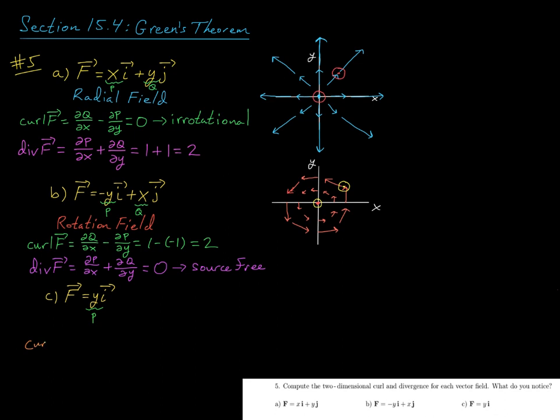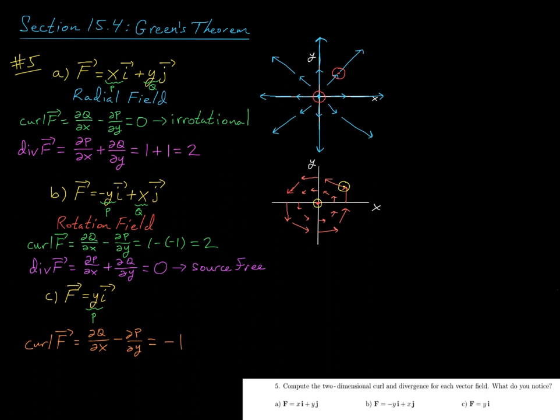So for the curl, which is partial q partial x minus partial p partial y, well, the derivative of q is just 0 because q is 0, and the y derivative of p is 1, so this would be negative 1.